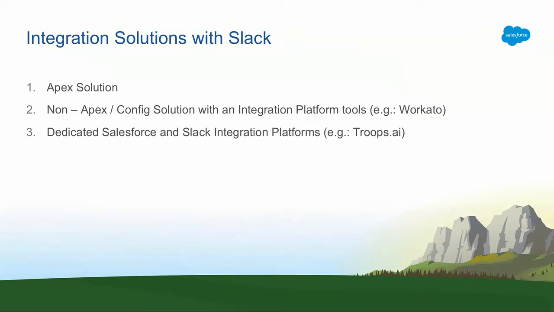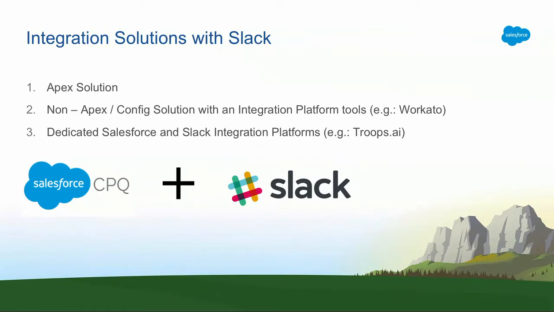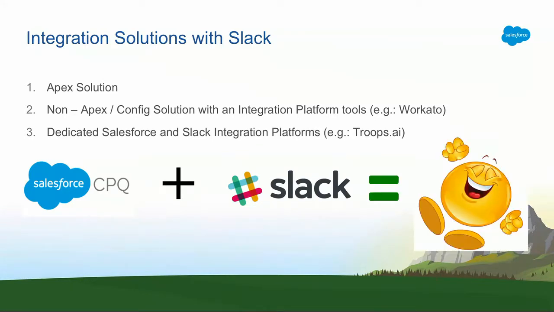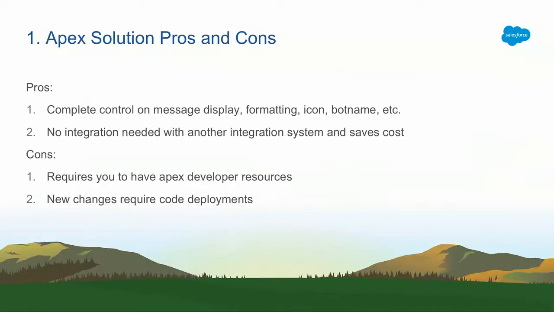You can use any integration platform; even MuleSoft does the job. And the third option is dedicated Salesforce and Slack integration platforms. Troops.ai is one of them, and we have implemented Troops.ai at Slack ourselves. So Salesforce CPQ and Slack will definitely lead to a really good and happy experience in your approvals.